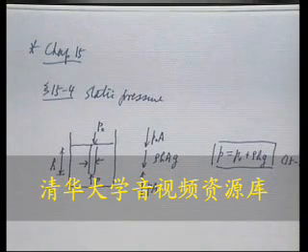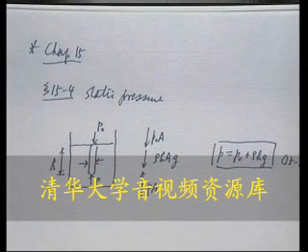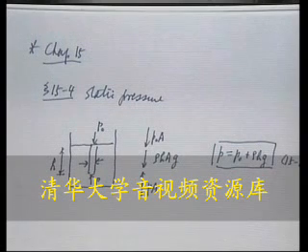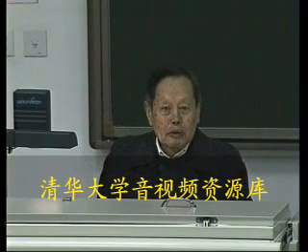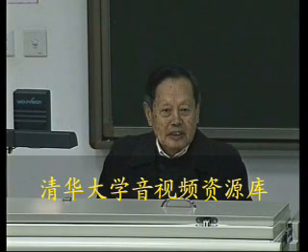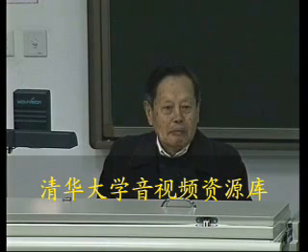So therefore we know the pressure at the depth of h is equal to the top pressure, which is usually 1 atmosphere, plus rho gh. So in a swimming pool, the pressure at the bottom of the swimming pool is much higher than the pressure on top.